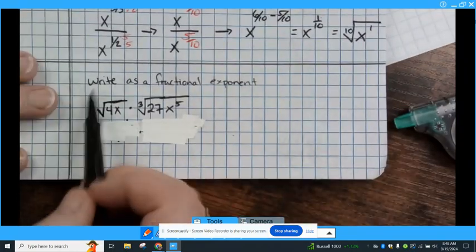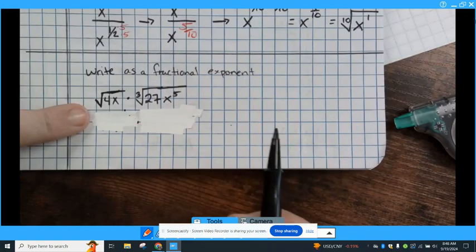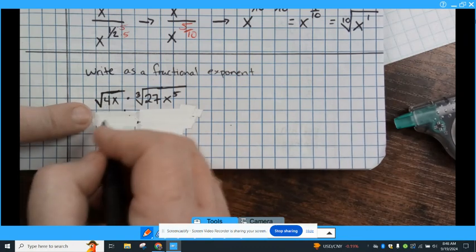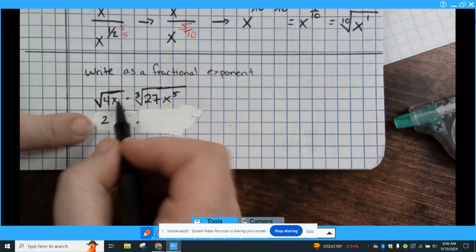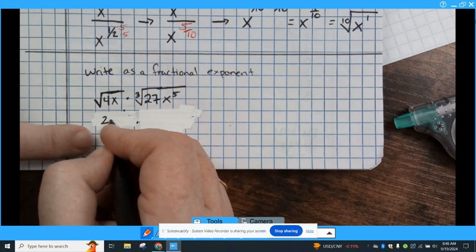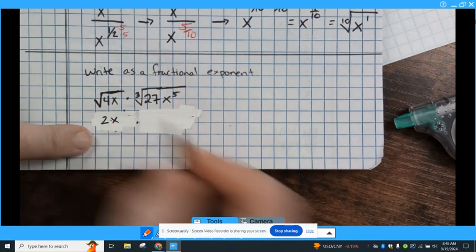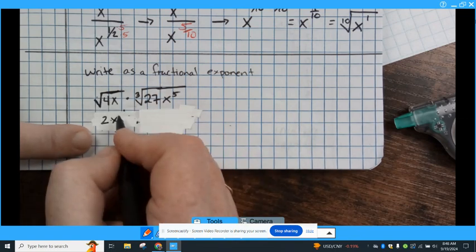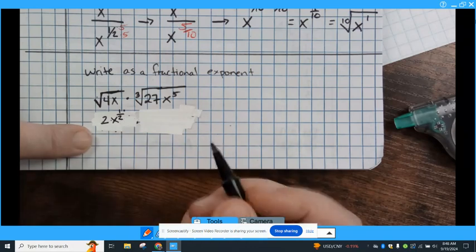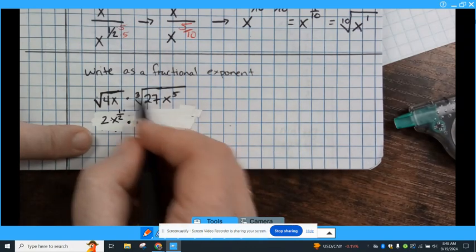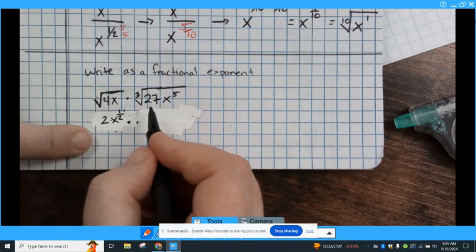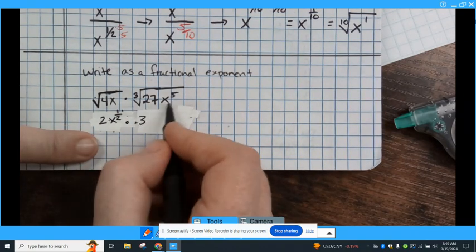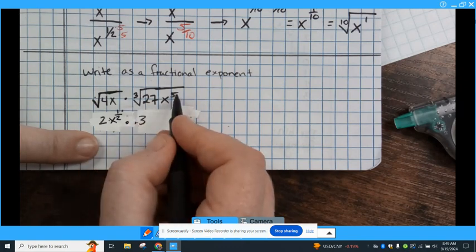Okay, so write as a fractional exponent. The first thing I'm going to do is take any roots that I know. The square root of 4 is 2. I don't know the square root of x, so we're going to leave that as x to the, to write it as an exponent, there's an invisible 2 right there. So 1 over 2 times the cube root of 27, which is 3. I'm not going to do the cube root of x to the 5th.